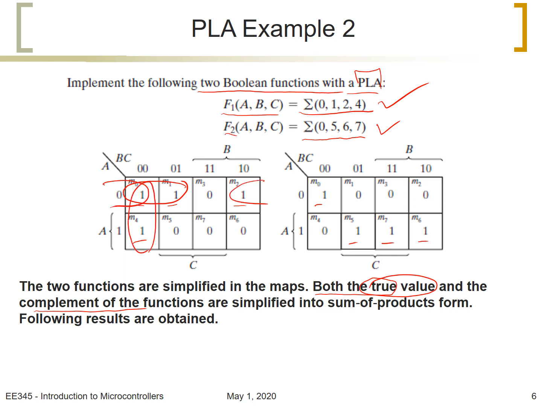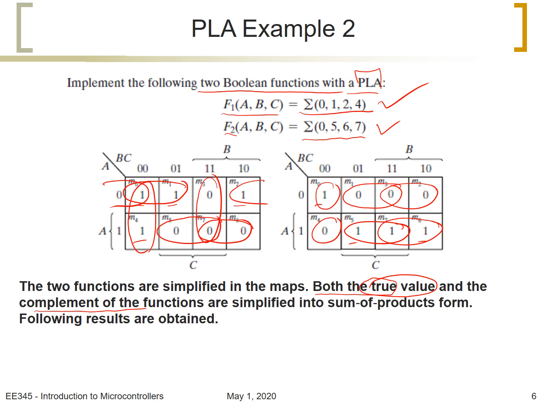This is in the true form, and in the complemented form, F1 equals this loop plus this loop plus this loop, complemented. And for F2, in the true form, we have this minterm, and this loop, and this loop. In the complemented form, we have this loop, or this loop, or this cell, all complemented.